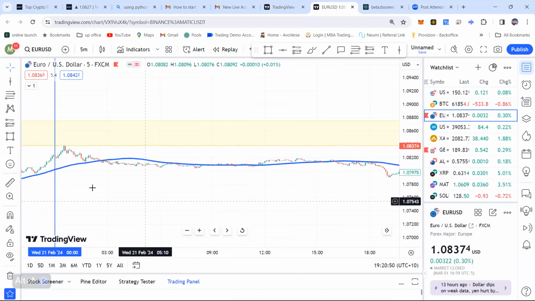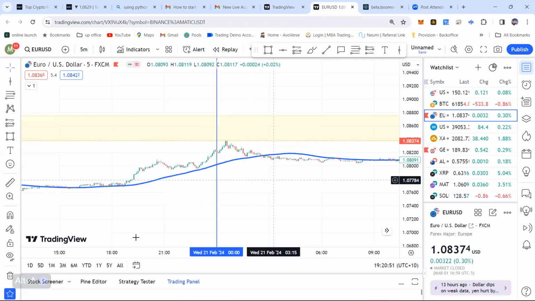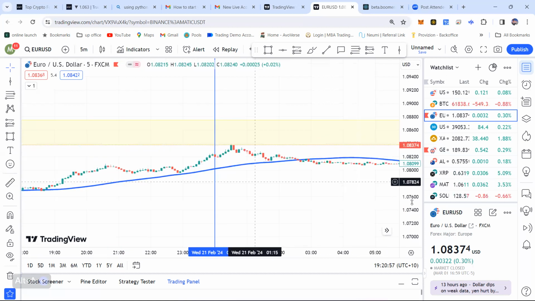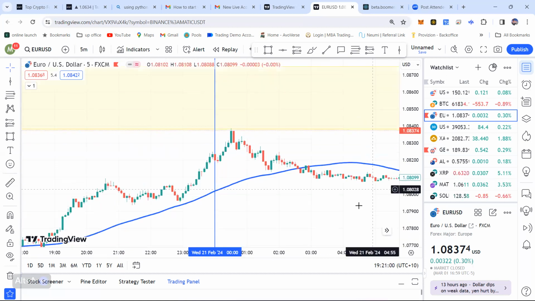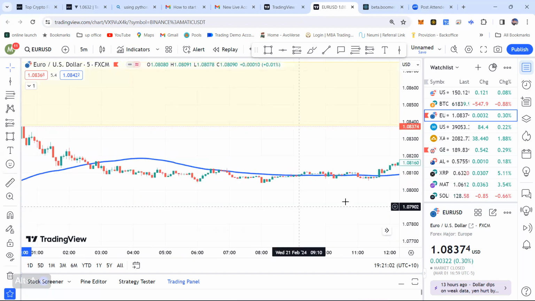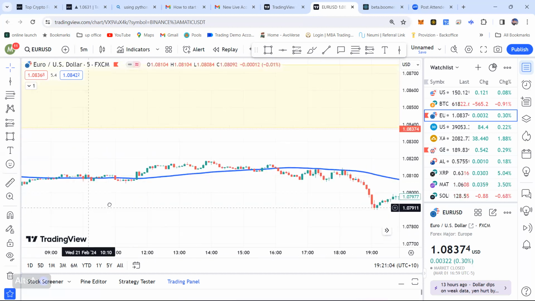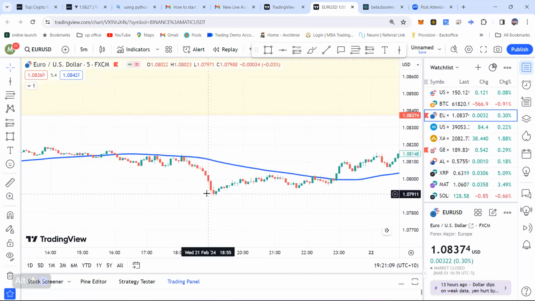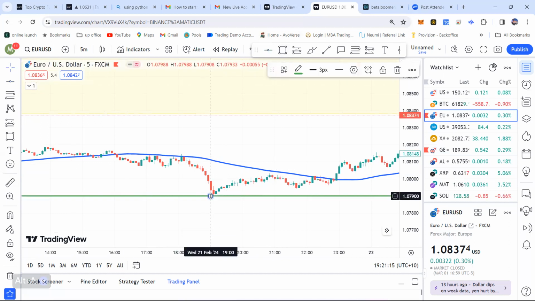So it didn't look like there was very much room to do sell orders. But now that we're down on the 5-minute, and I do tend to like to do this even on the 1-minute. So the market did come right down to here. Before it then went up and finished mitigating.